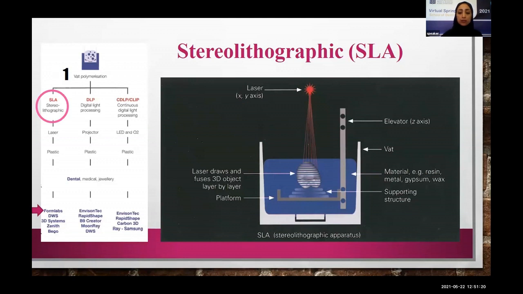And you can see here the platform on which first the supporting structure and then the main object is printed. And you can see the elevator, which is connected to the platform, which moves upward and downward in the Z axis. Formlabs and GWS are 2 of the most famous inventors of this technology. Let's watch a video about it, about SLA.